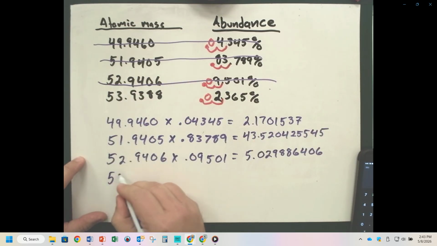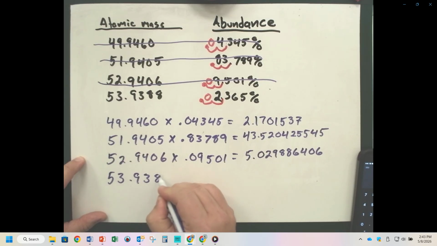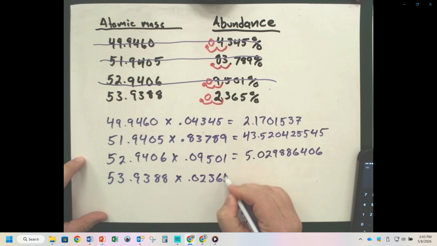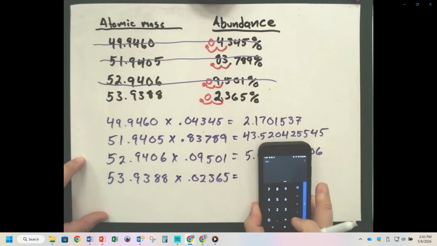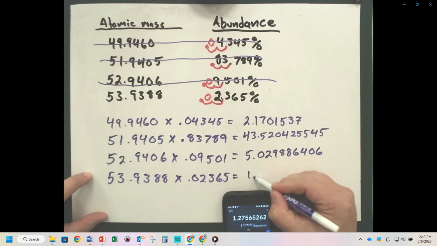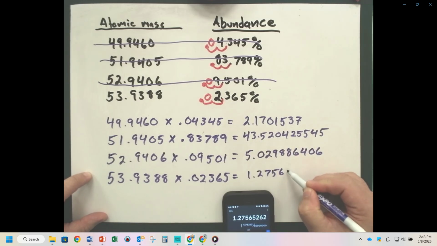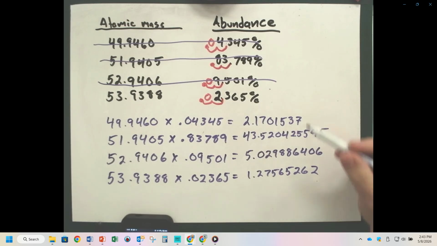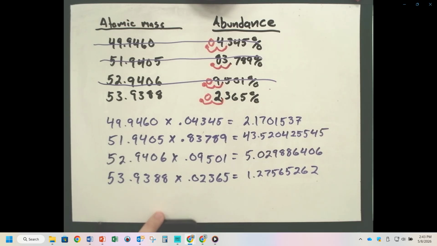And so now I do the last one, 53.9388 times 0.02365 equals, so let's put that in the calculator, 53.9388 times 0.02365 equals 1.275652262.